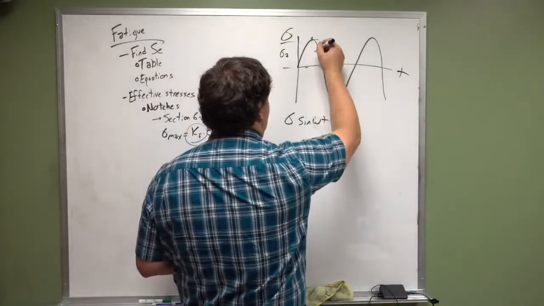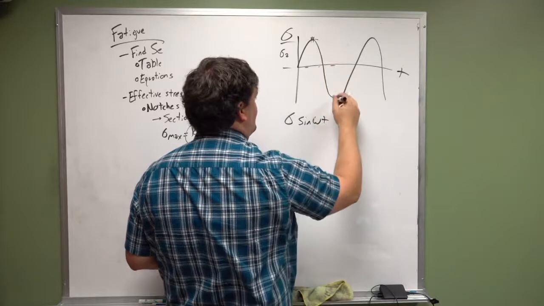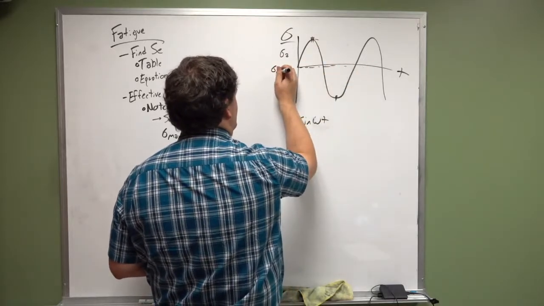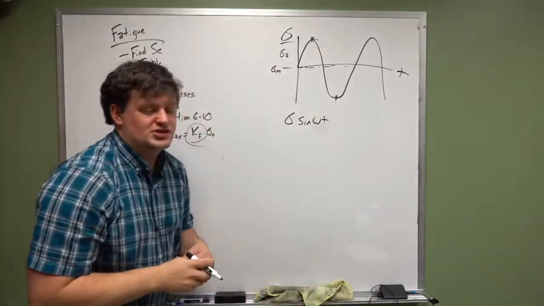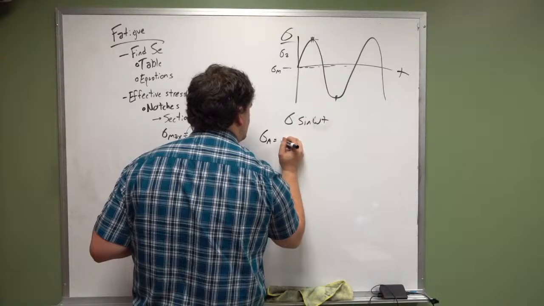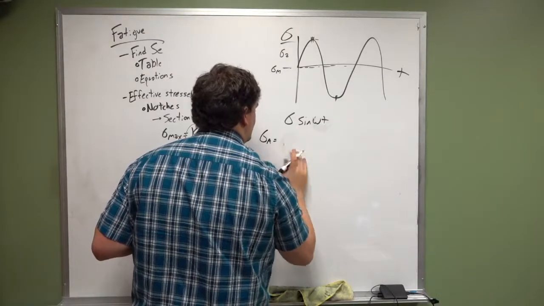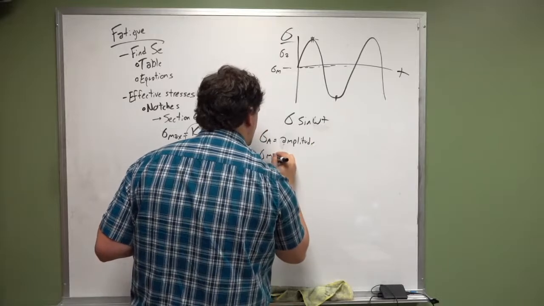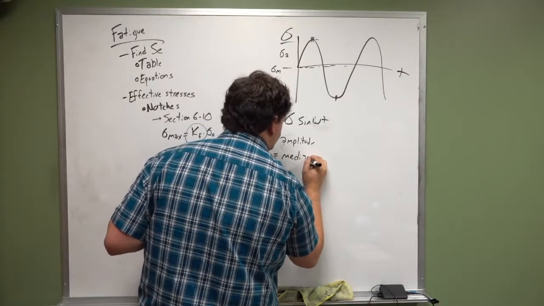Okay, and then the median value is going to be the value that is directly halfway between these, which happens to fall on 0 for this, which we're going to call sigma_m, which stands for sigma median. Okay, sigma_a equals amplitude, and sigma_m equals median.